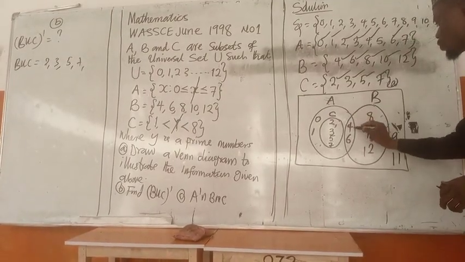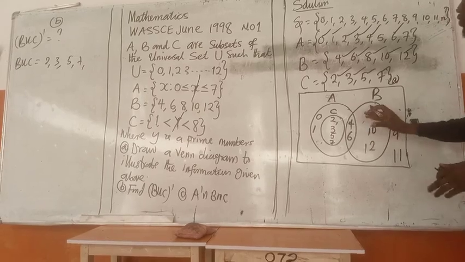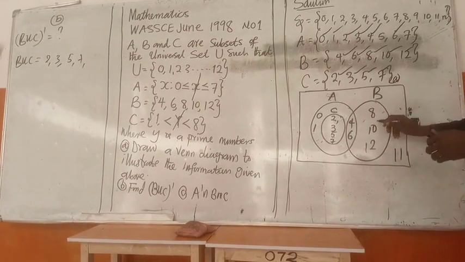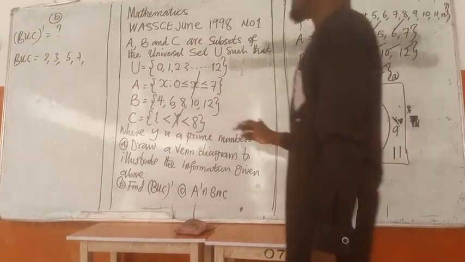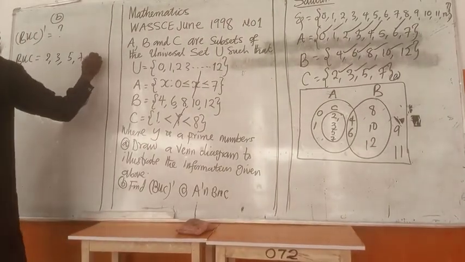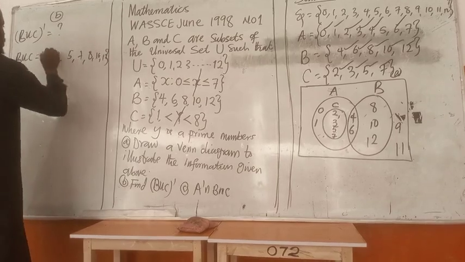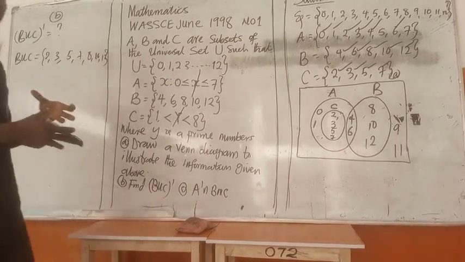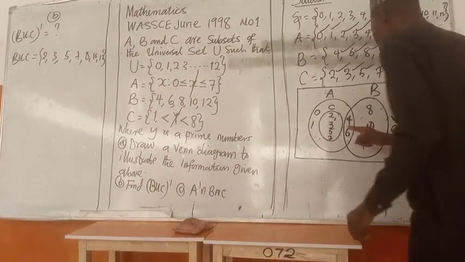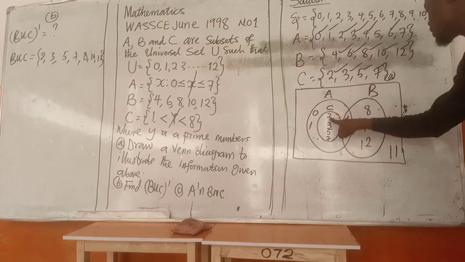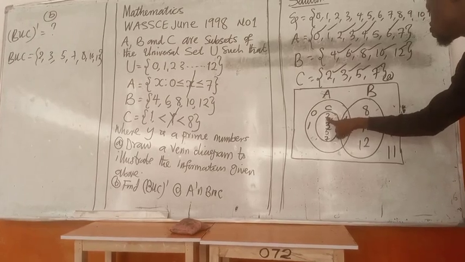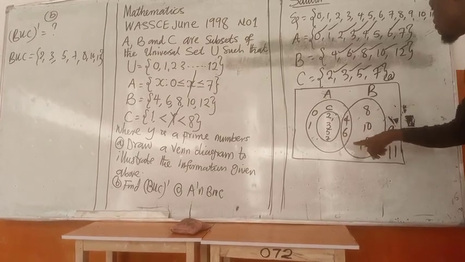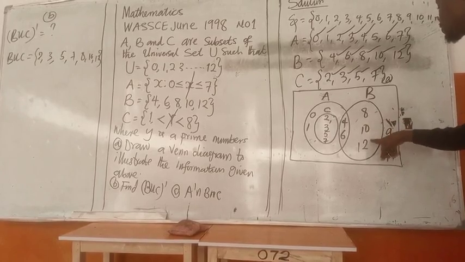It already includes A, but they talk about B and C: 8, 10, 12. I'll repeat it again. B union C is when you arrange B and C. This is C, 2, 3, 5, 7, then 8, 10, 12.